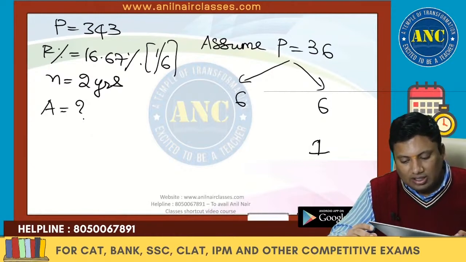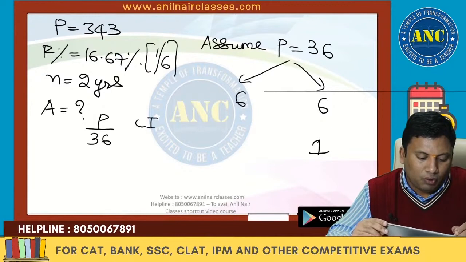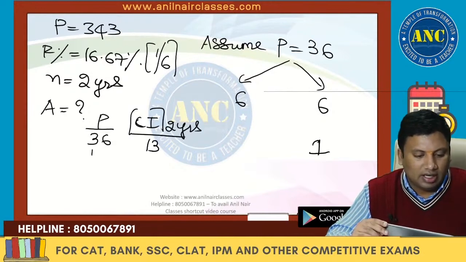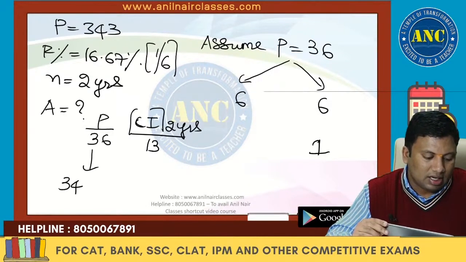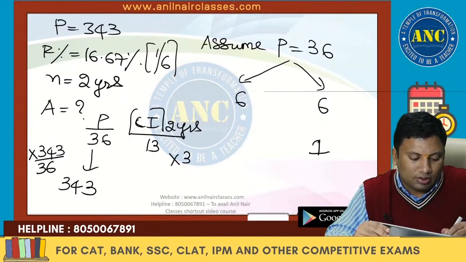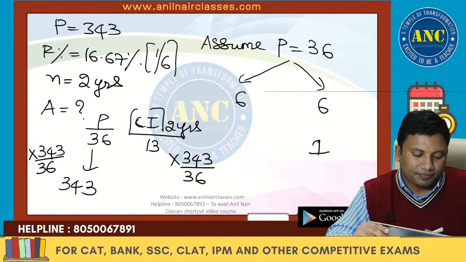For the principal 36, what is the compound interest for 2 years? Compound interest for 2 years is 13. But the principal is not 36, it is 343, so the multiplication factor will be into 343 by 36. Here also it is into 343 by 36.